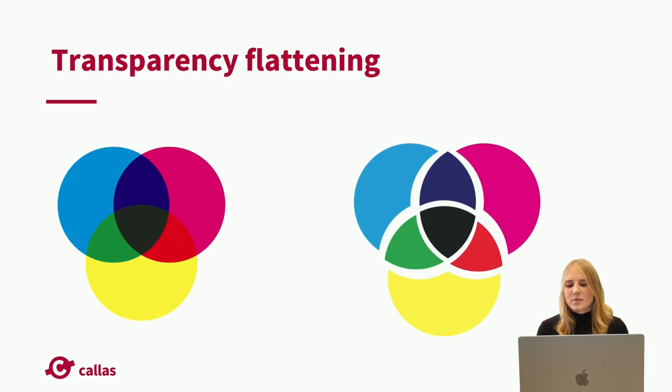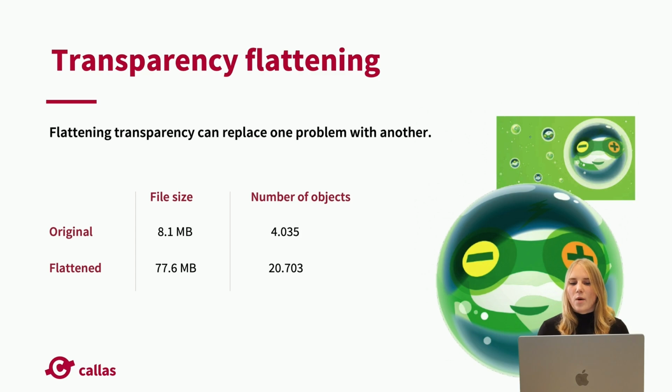And for simple PDF files like this, the process is not a big deal. However, transparency flattening can lead to problems, especially with more complex PDF files. Here on my presentation slide, you can see a real-world PDF file that was sent to our support and that really caused problems in practice. The original file, as you can see here, already had a huge number of objects, over 4,000.